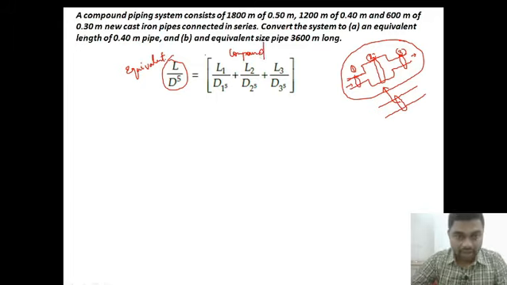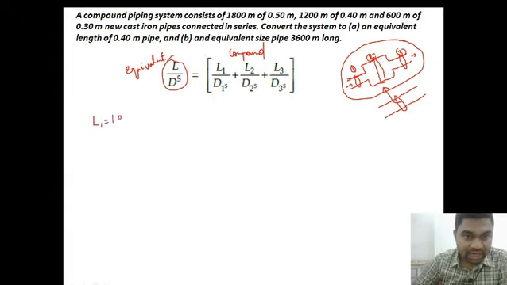Now let us write what is all given. It is given that the compound pipe system consists of 1800 meter of 0.50 meter: length of pipe 1, L1, is 1800 meter with diameter D1 of 0.50 meter.